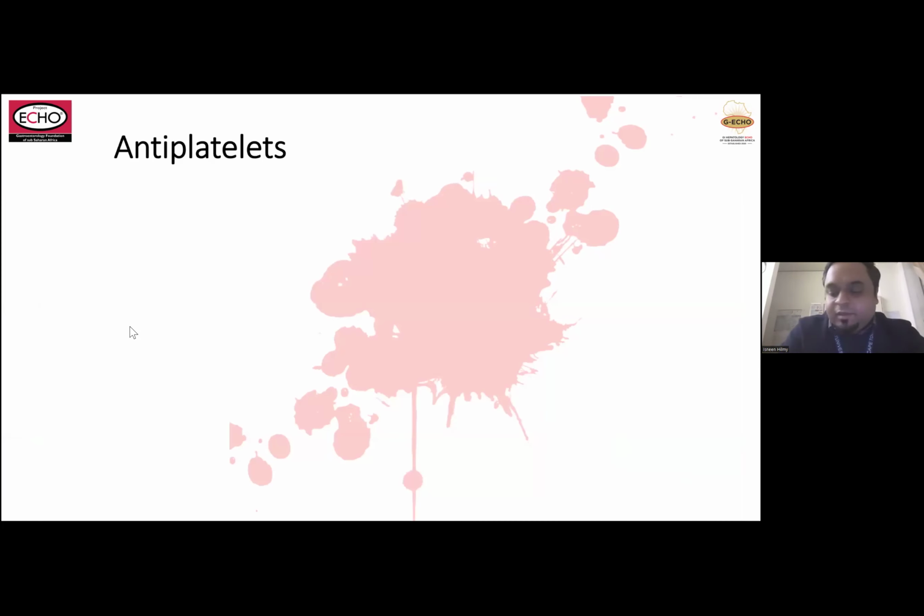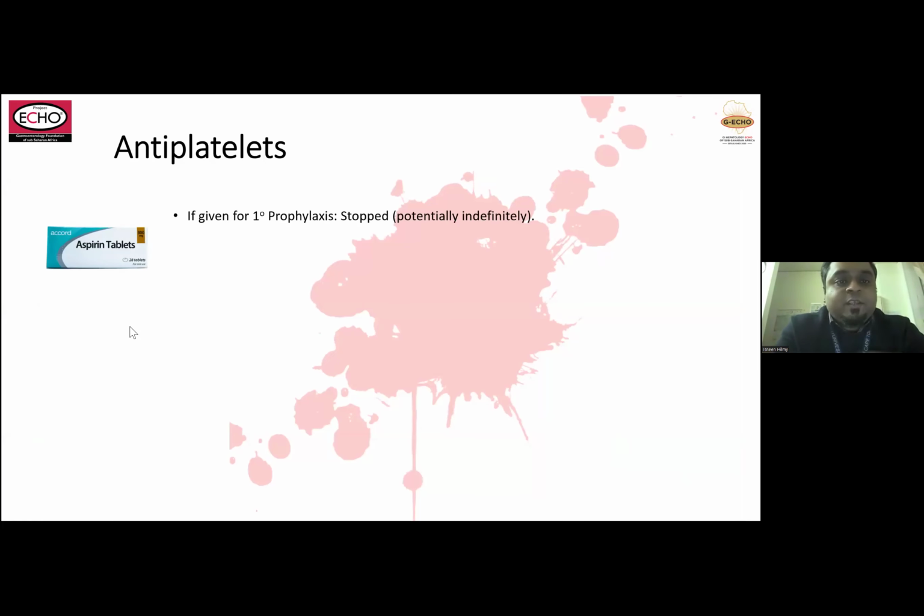Before we talk about the timing, just a small thing about antiplatelets. If aspirin was given for primary prophylaxis, you can stop the antiplatelets, aspirin especially, and if it is given for secondary prophylaxis, one would consider continuing the aspirin. This is based on RCTs done on patients on aspirin for secondary prevention.